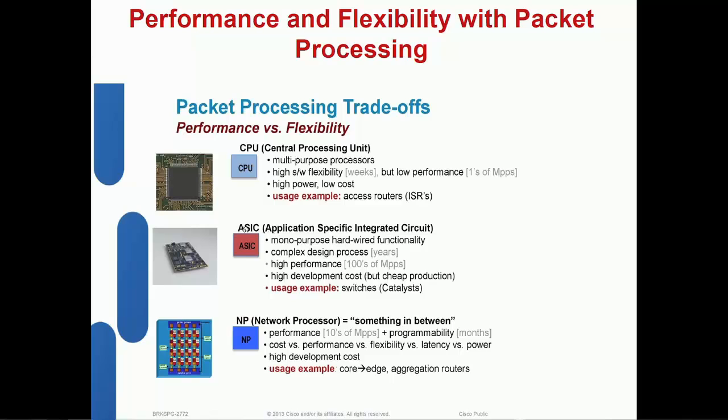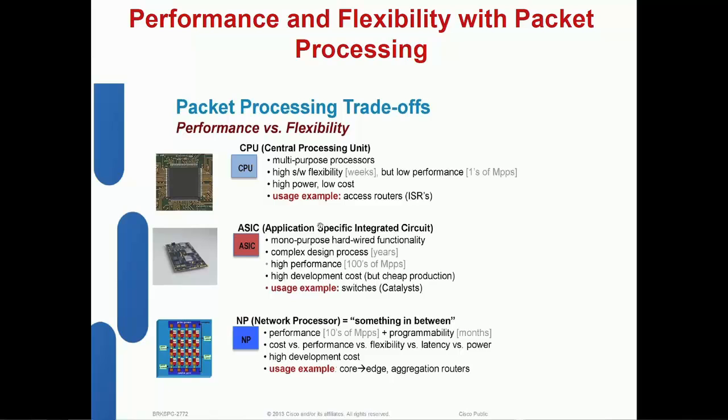If I have an application specific IC, you have very high performance, whereas a network processor is in between a CPU and an ASIC. ASICs actually cost you a lot. In order to achieve a balance, and general purpose processors are very cheap, this NPU lies between these two.